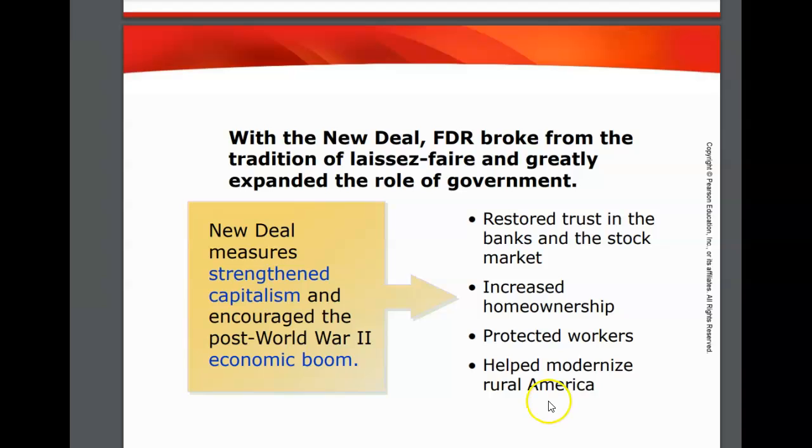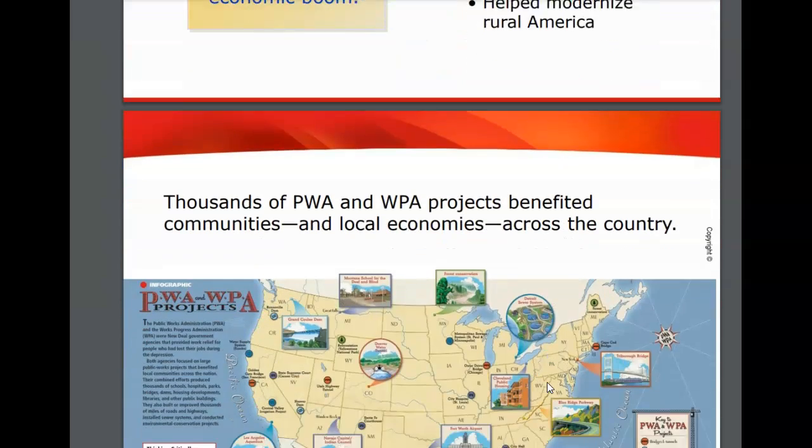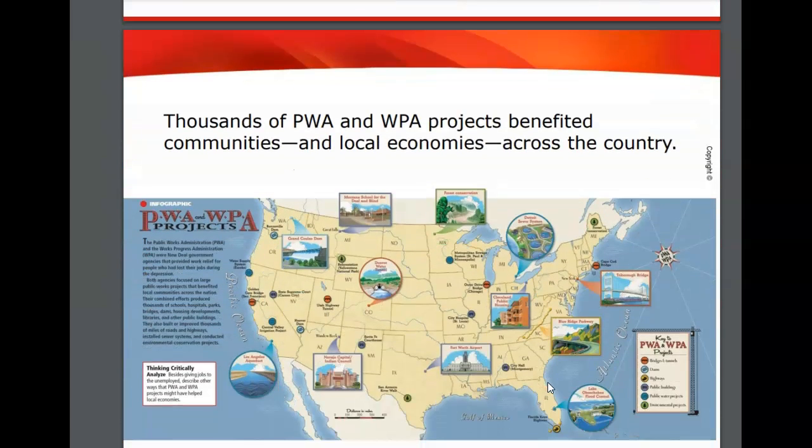So the New Deal affected millions of different kinds of workers, different kinds of people, and their families. All right? So thousands, for example, of the Public Works Administration and the Works Progress Administration projects benefited communities all around the country, and even local economies. And here on this little map, this is the map that you saw at the beginning of the lecture, there's a map like this similar to your book as well.